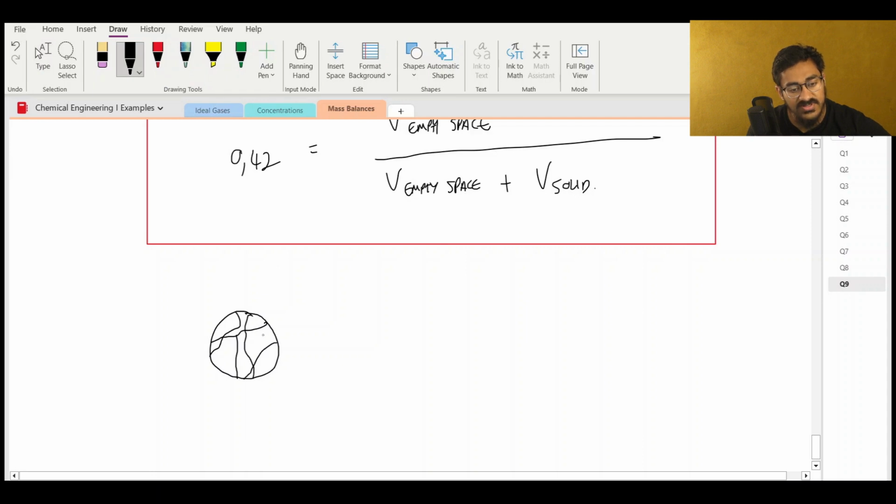You probably can't even see it with your eye. And so let's say the total volume of this, if I calculated the volume of a sphere, I think that's 4 over 3 pi r cubed or something like that. And let's say I calculated the volume of the sphere and it came out to be 1 cubic meter.